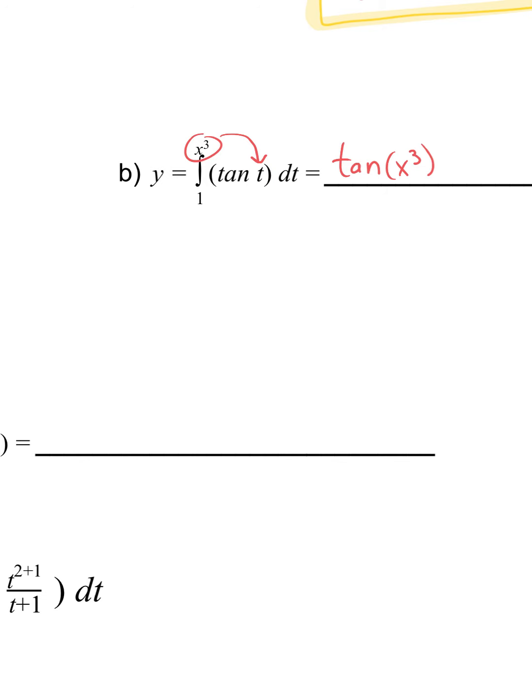The second step is we multiply everything by the derivative of that. The derivative of x cubed is 3x squared. Those are your 2 steps. Now to simplify it, that coefficient should absolutely go out front. So 3x squared, tangent of x cubed. And there you have it. That's Fundamental Theorem of Calculus Part 2.